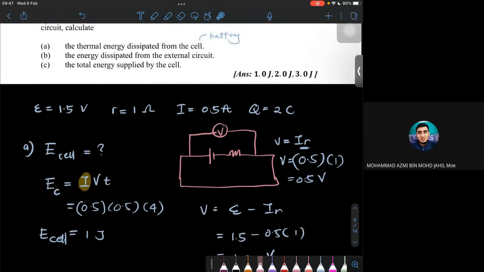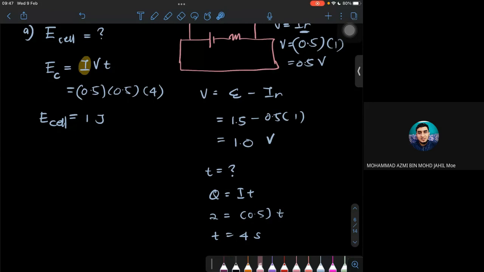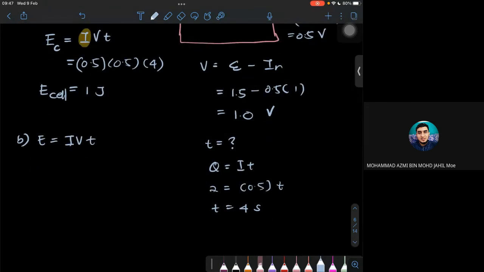We want to calculate the energy dissipated by the external circuit. Okay, now the external circuit. So energy by the external circuit, E is equal to IVT. Okay, we can either use this one, or we can use the total energy.